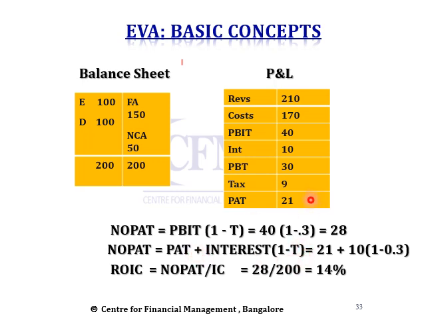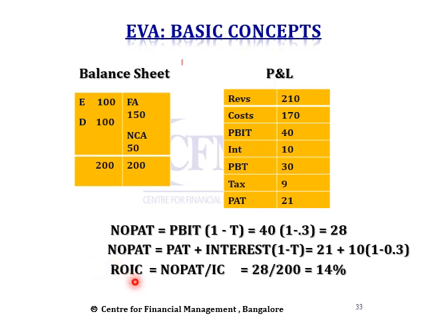Profit after tax in this case is 21 million, interest is 10 million, so interest multiplied by 1 minus 0.3 is 7 million. When we add 21 to 7, we get 28 million. Remember, NOPAT can be calculated in this manner or in this manner.